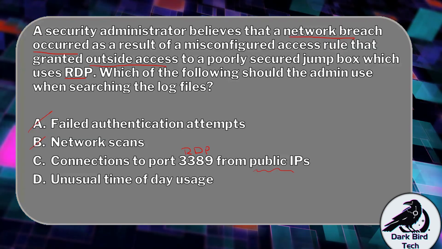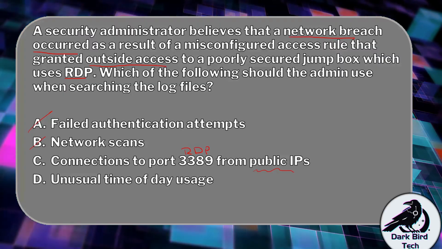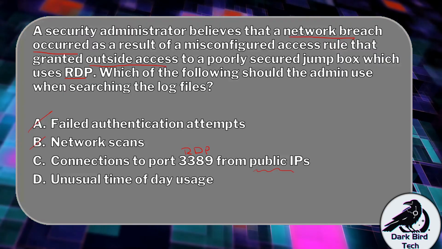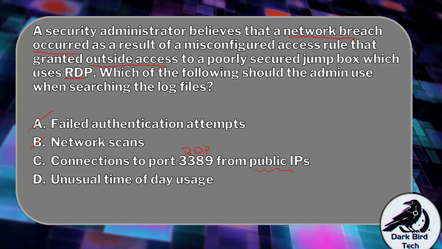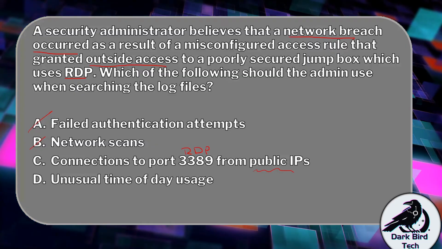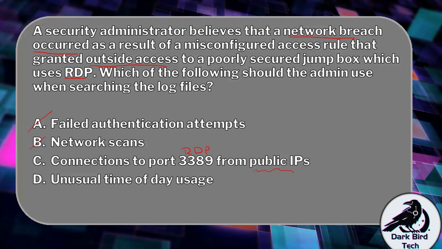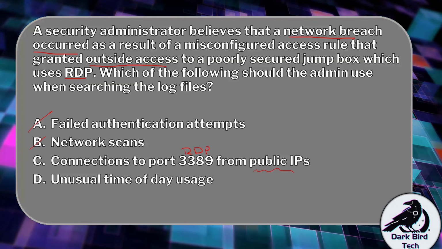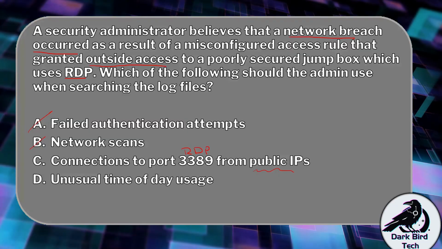Now, unusual time of day usage is a very, very common indicator for attacks because a lot of skilled attackers who get into our networks and cause some havoc will usually try and favor times of the day where response is likely to be slow or non-existent. So an unusual time of the day is a good thing to look for, but it's not going to be concrete enough.